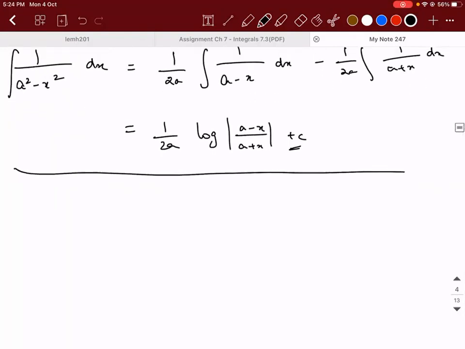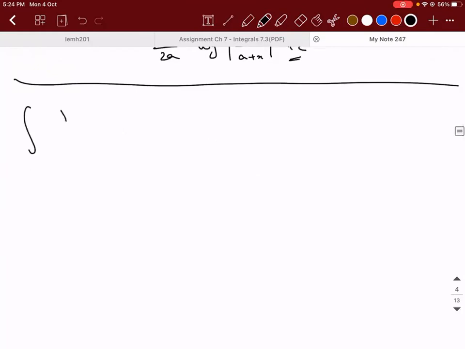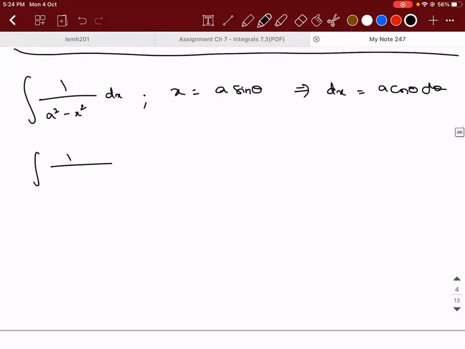Listen to this. Integral of 1 by a square minus x square dx. Put x is equal to a sine theta, which implies dx is equal to a cos theta d theta. Integral of 1 by a square minus a square sine square theta into a cos theta d theta.